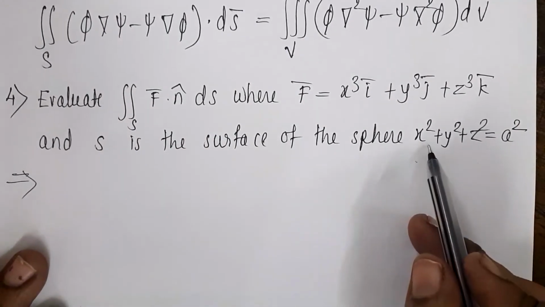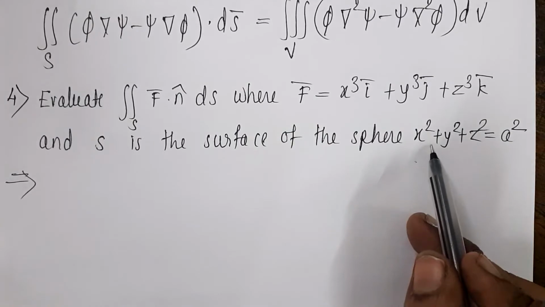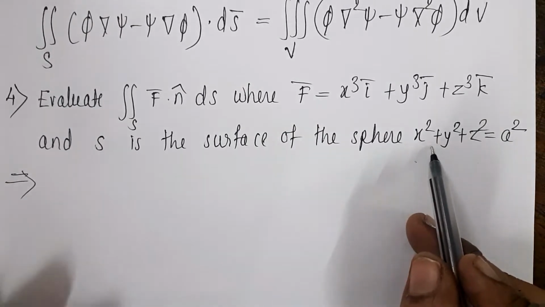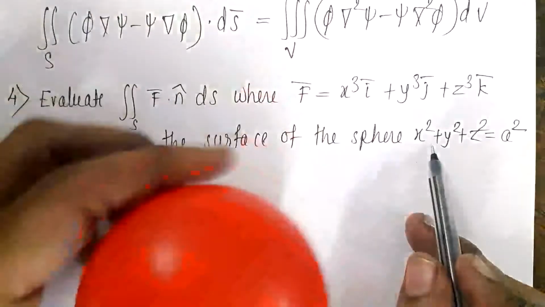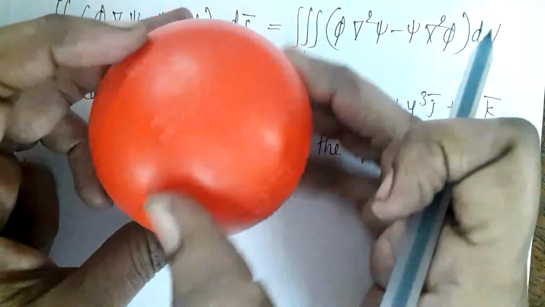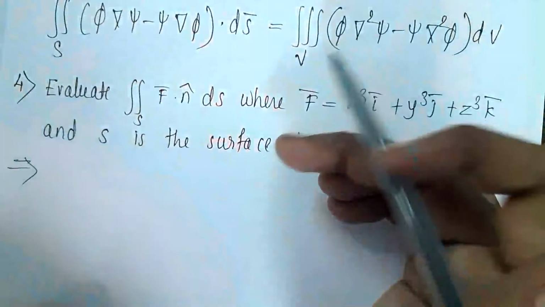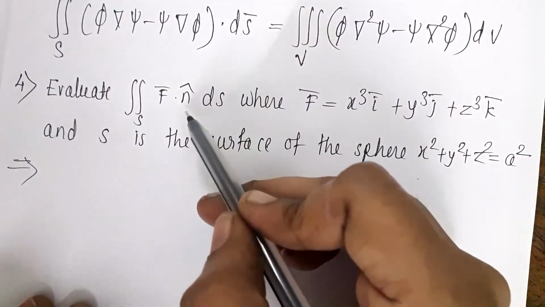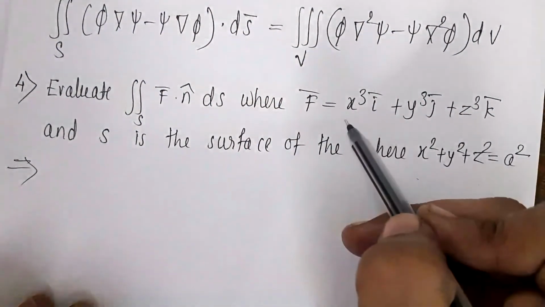Surface of the sphere, as I already told you in Gauss divergence theorem. Assume that this is a sphere. Now the sphere has a totally curved surface. If we want to evaluate this F dot n cap dS, we require n cap. F is already given.